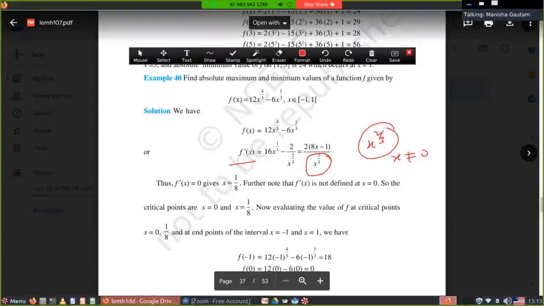In the properties, it is written that where the function is not differentiable and those points where f dash x is equal to 0, you have to check all the points for maximum or minimum. It means where the function is not defined is also a point where you have to check whether the function is maximum or minimum. You can't leave that point.